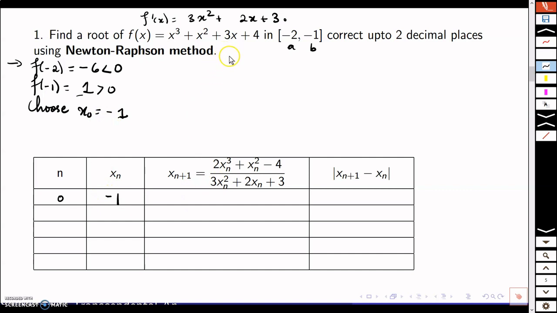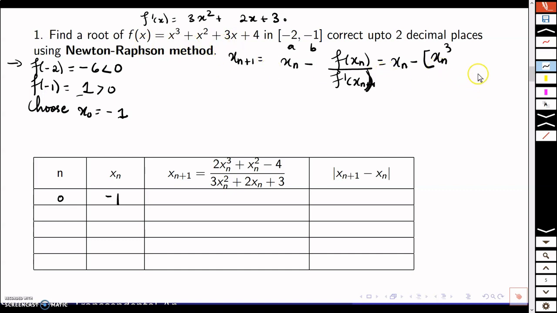Now xn plus 1 is given by the formula xn minus value of the function at the point xn upon derivative of the function at the point xn, right? So in this expression, I will drop the value of the function at the point xn. F of x is this, so f of xn will be xn the whole cube. You put x equal to xn in the function here.